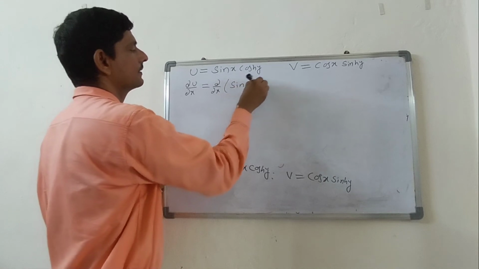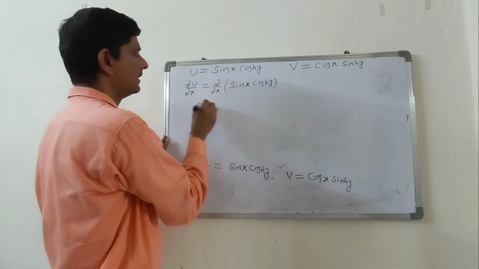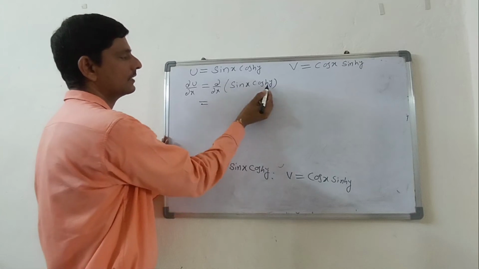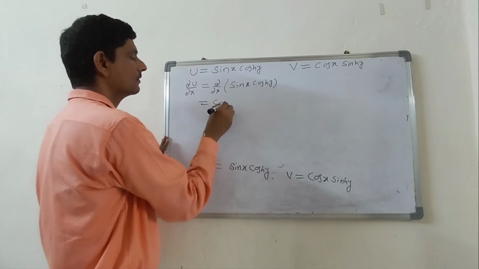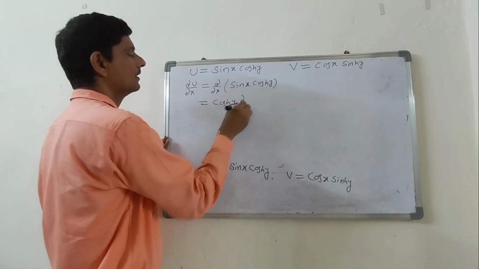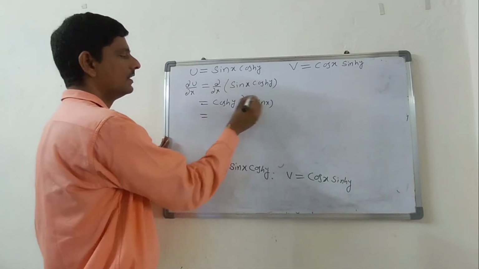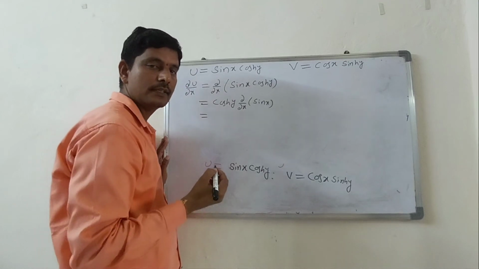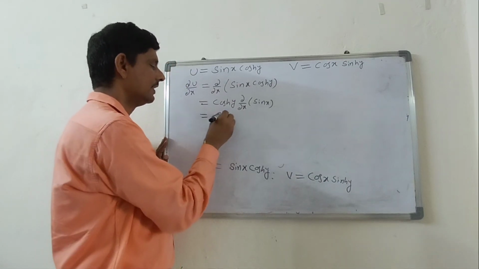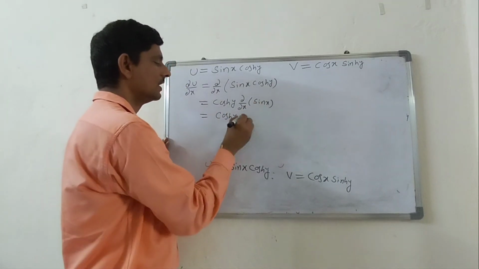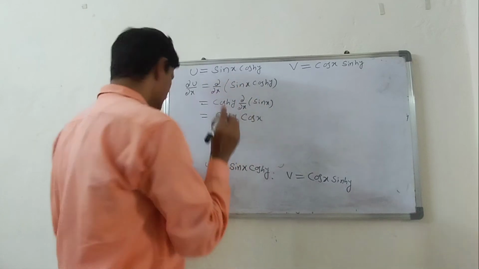So we are differentiating with respect to x. Here cos hy is there, so taking out cos hy, do the differentiation for sin x. What is the differentiation of sin x? Just now we discussed it. Right. Cos x. The differentiation of the sin function is the cos function. So the differentiation of sin x is cos x.